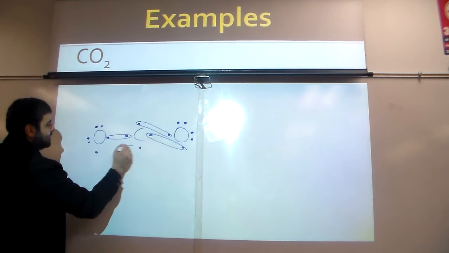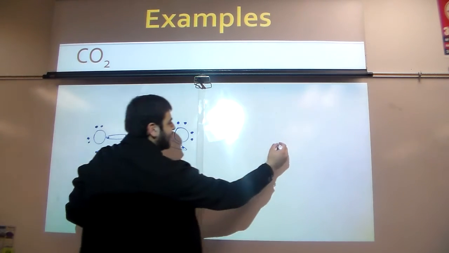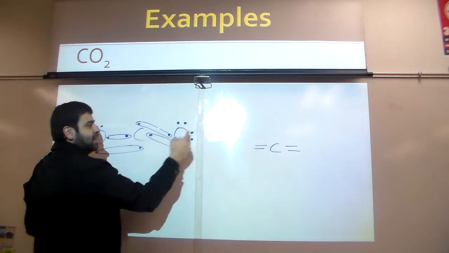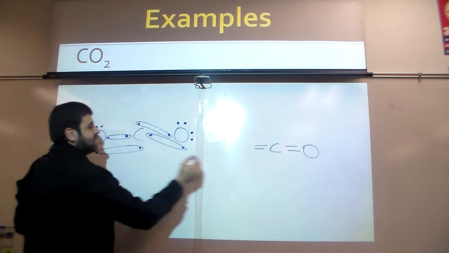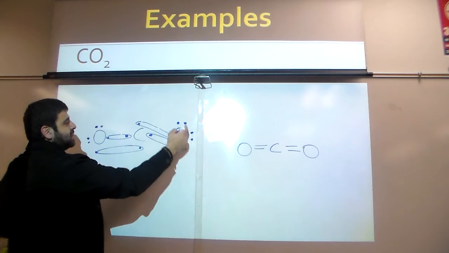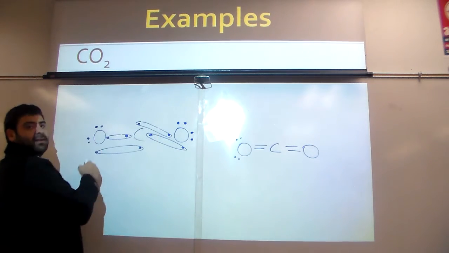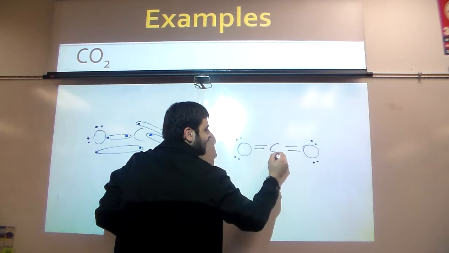So you're going to see 2 bonds occur here. Now, it looks a little messy, but what you actually end up getting is a carbon that has 2 bonds connecting it to this O and 2 bonds connecting it to this O. Now, these lone pairs on the oxygen do remain on both, but we don't count those as lone pairs because what we want to count is the central atom.